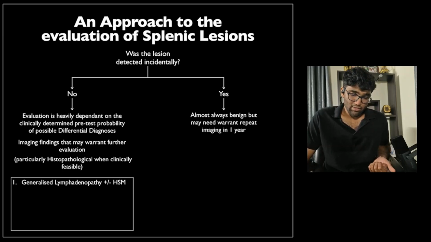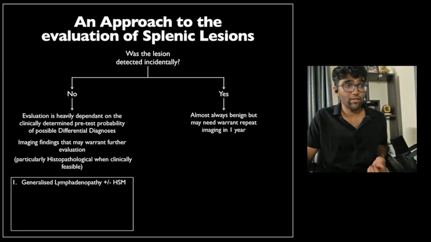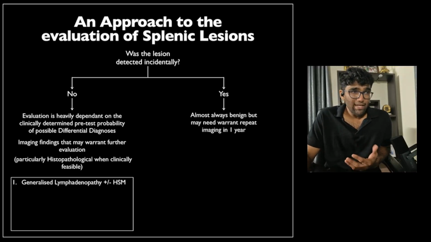So the situations in which the imaging findings are relevant while evaluating a patient, that is splenic lesions that have been detected in a patient with some symptoms, are relevant if they are one of four types of findings. One is naturally generalized lymphadenopathy and hepatosplenomegaly, and we have an entire series dedicated to that.